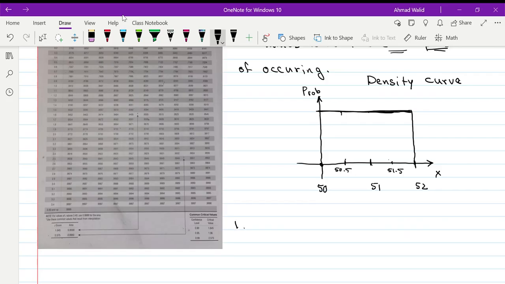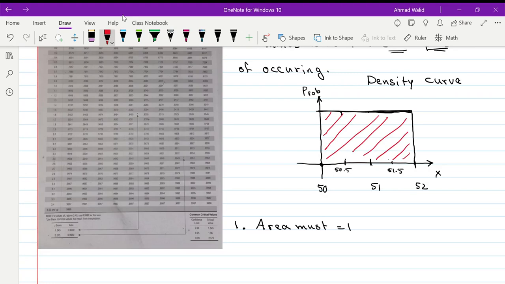Criteria number one: the area of this rectangle in front of you must equal 1. It means if I shade this area with the red shading, this area should be equal to what? To 1. This is the first criterion.